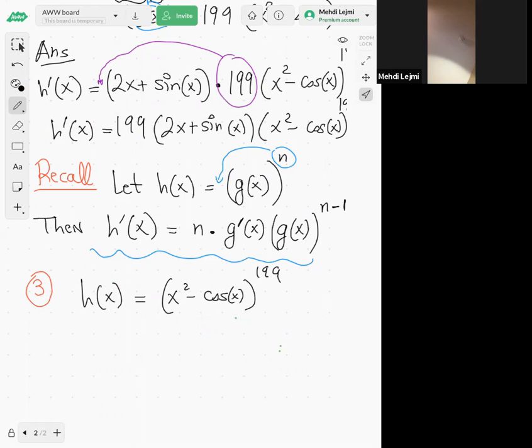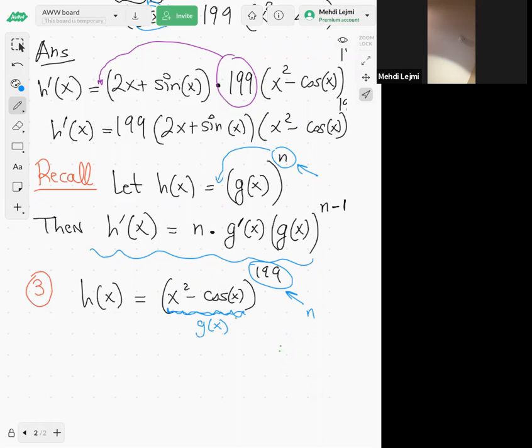So my n, this n here, will be this power 199. And this thing here, x squared minus cosine of x, that's my g of x. So I have x squared minus cosine of x to the power 199, right?